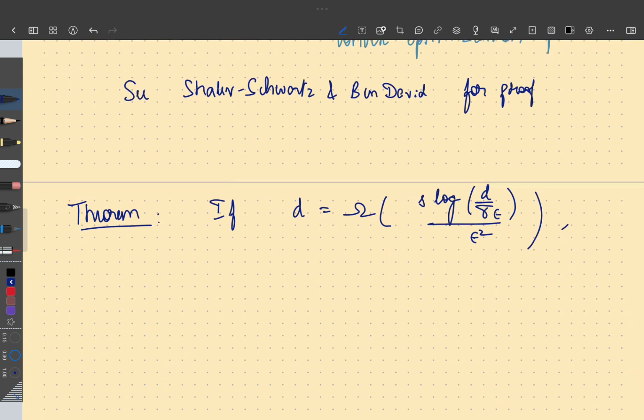How does this s-sparse vector space look like? It's not a vector space. It's like a union of vector spaces. Correct. If you have a one sparse vector in two dimensions, it'll only be the axes, yes.